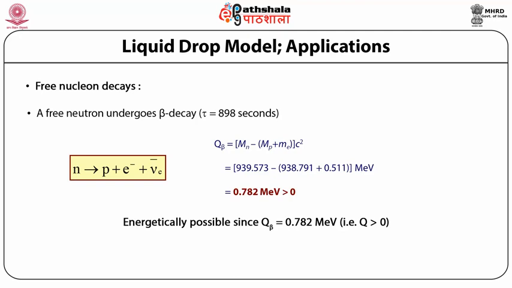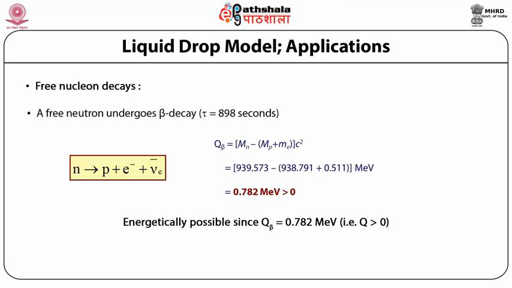So in the free neutron decay, we know a few things. First of all, a free neutron decays, so it is not a stable particle. Second, it decays with a mean life of 898 seconds.